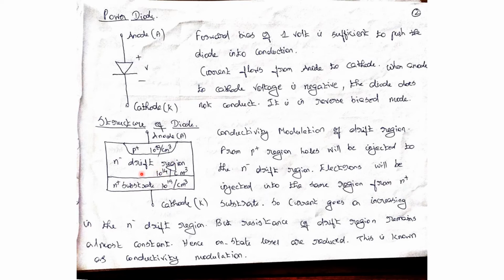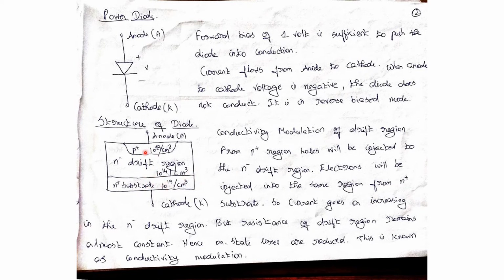Then when the voltage is applied, the electrons are getting more kinetic energy. So what will happen? They knock off other atoms to introduce more electrons from the N plus substrate.